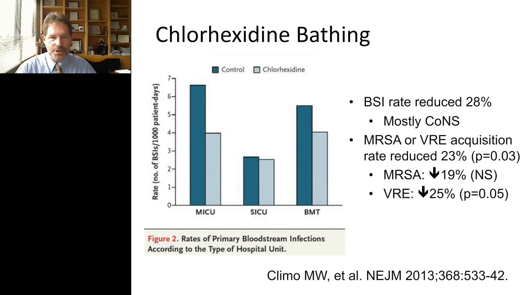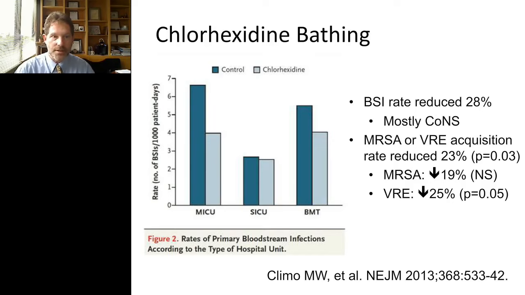And so I'm just showing you quickly the results in this study. That bar graph is the rate of bloodstream infection per 1,000 patient days. In the control group in dark blue and the light bars are the chlorhexidine group. And you can see that bloodstream infection rates were reduced by almost 30%.